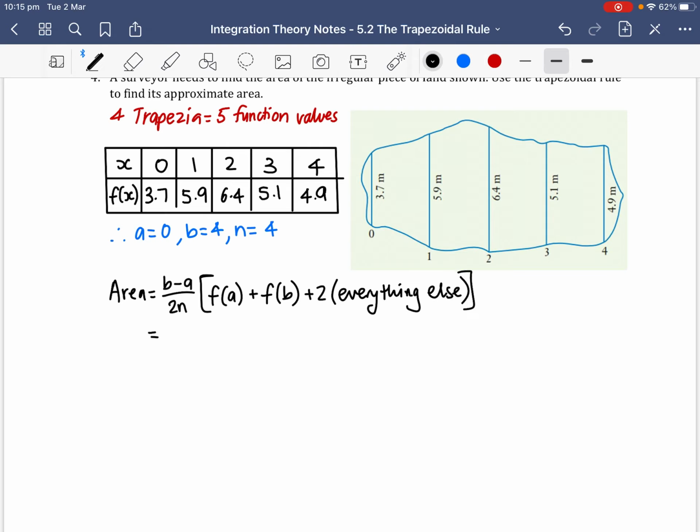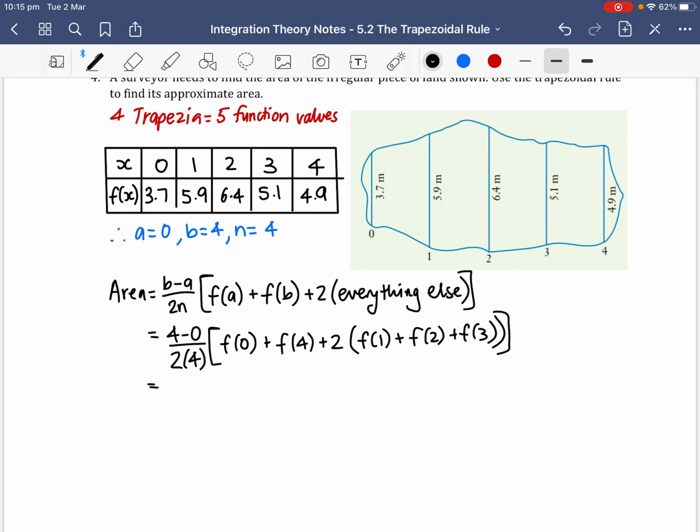Okay, so our b is 4 minus our a is 0 over 2 lots of 4, and f of a is 3.7. We're going to actually write this out as f of 0 plus f of 4 plus 2 lots of f of 1 plus f of 2 plus f of 3, lots of brackets, so we'll have 4 over 8 lots of 3.7 plus 4.9 plus 2 lots of 5.9 plus 6.4 plus 5.1.